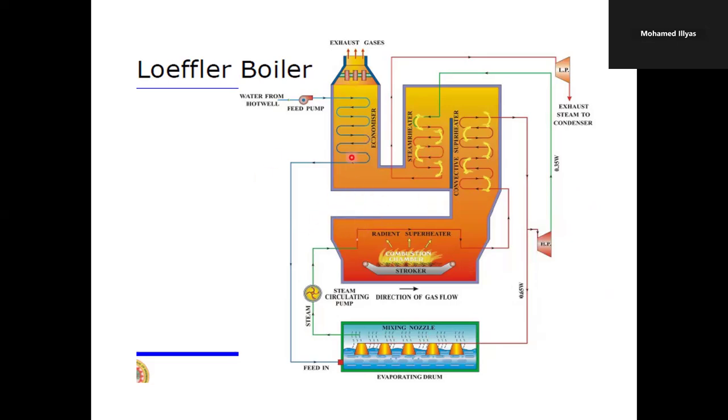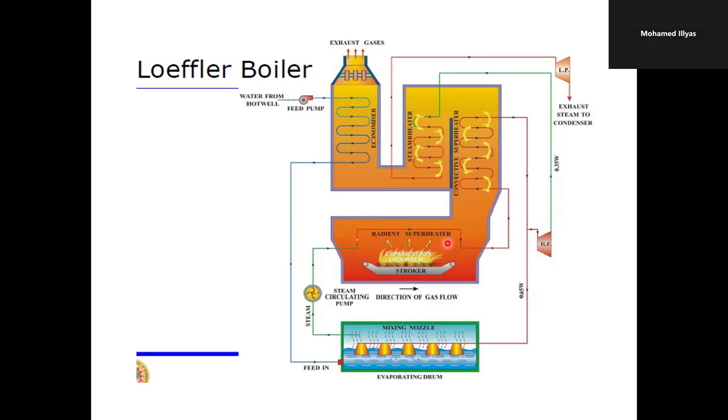So considering the arrangement of this Loeffler boiler here, we'll have the combustion chamber at the bottom of the boiler. It gets feed for fuel as well as air. So the combustion is taking place.